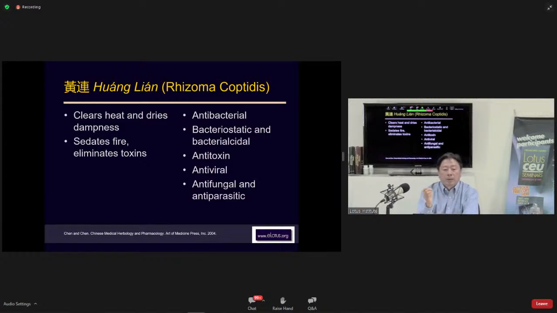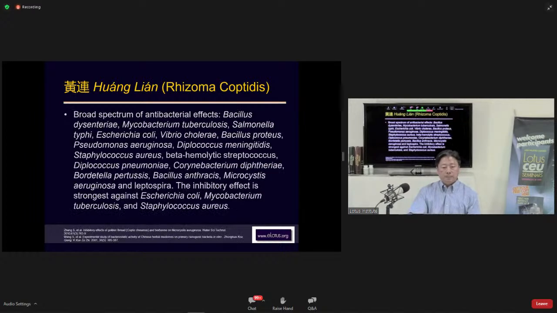This herb huanglian also has antiviral, antifungal, and antiparasitic effect. But primarily, it's most effective as antibacterial, antiviral, and also antitoxin. Specifically, huanglian has a broad spectrum of antibacterial effect. Broad spectrum means it's effective against a very wide range of bacteria, including bacillus, dysentery, mycobacterium, salmonella, E. coli, cholera bacillus, pseudomonas, diplococcus, staphylococcus, streptococcus, and so on and so forth.